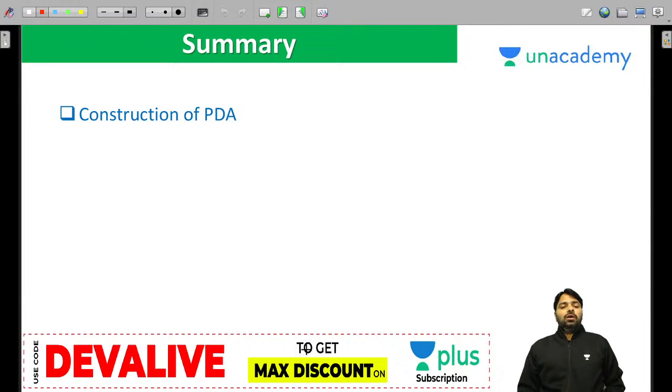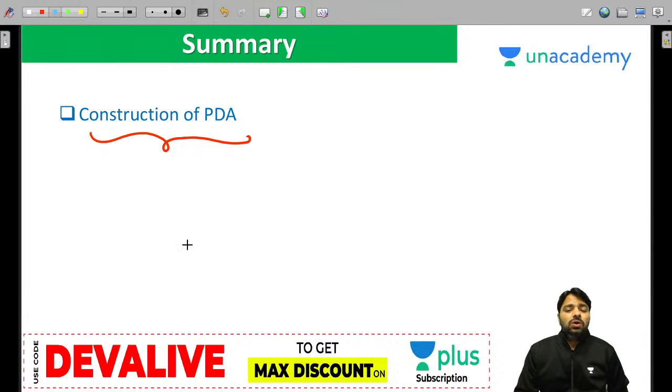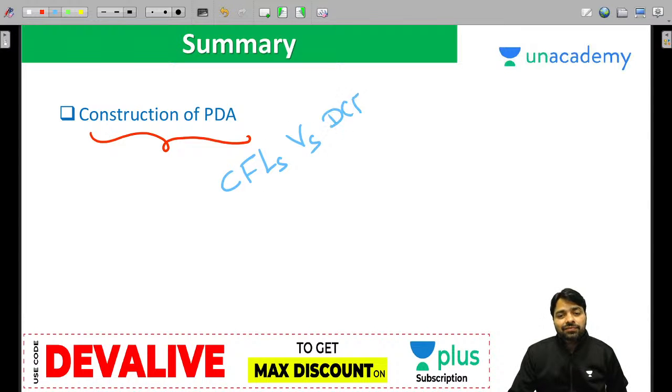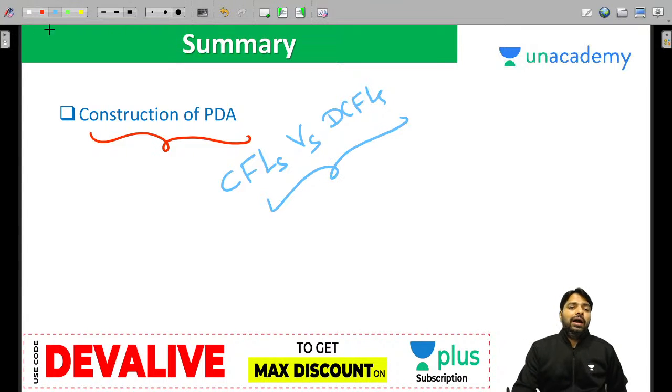Okay. Now in this session, we have understood construction of PDA, and in the next class, we will understand how to identify CFLs and DCFLs, guys. We have designed very few, but we should be in a position to understand whether the given language is CFL or not, DCFL or not. So in the next session, we are going to discuss in detail how to identify.